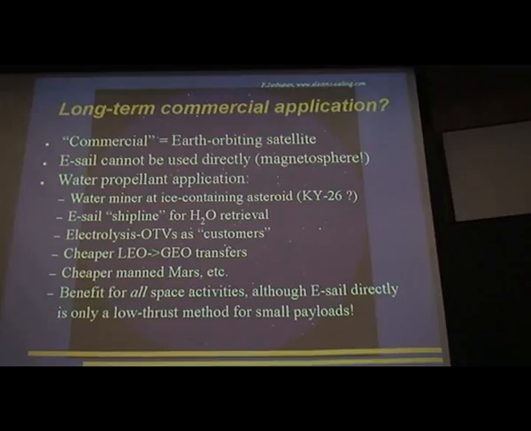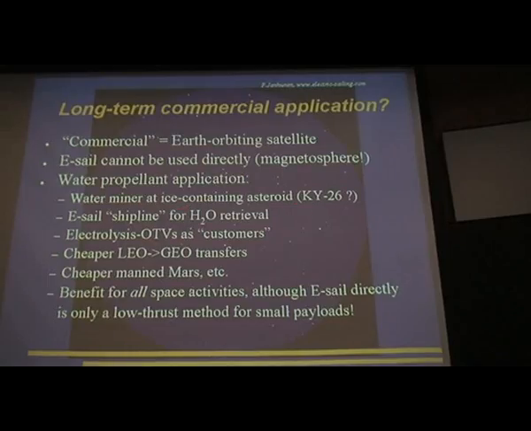So one could have a cluster of several of these small spacecraft, and they would each get a payload and form this kind of logistic chain to fetch especially water from asteroids.